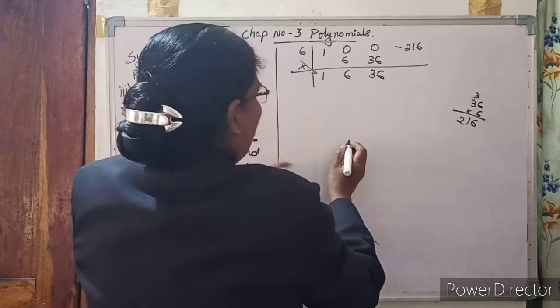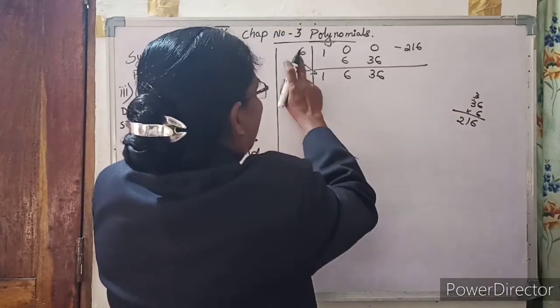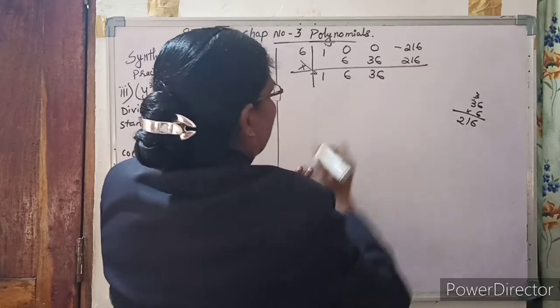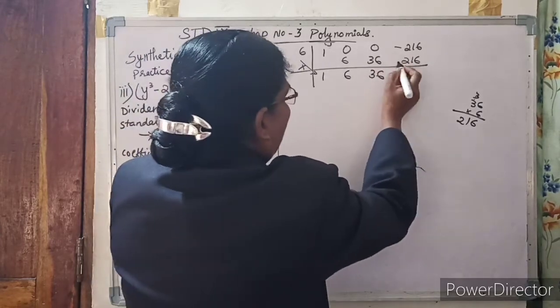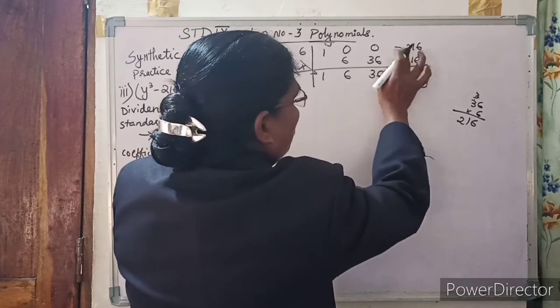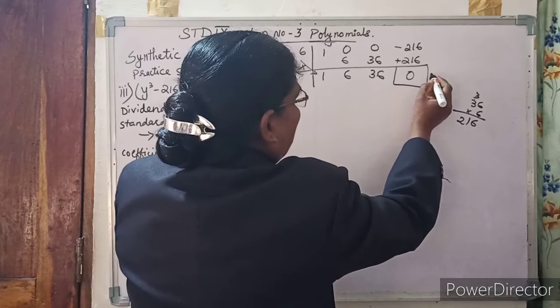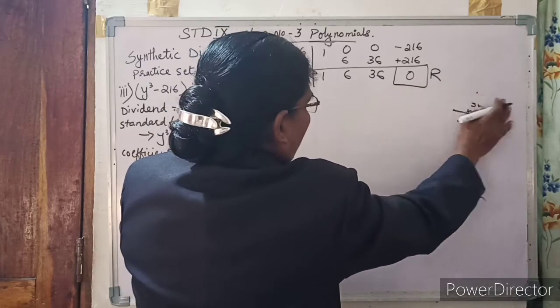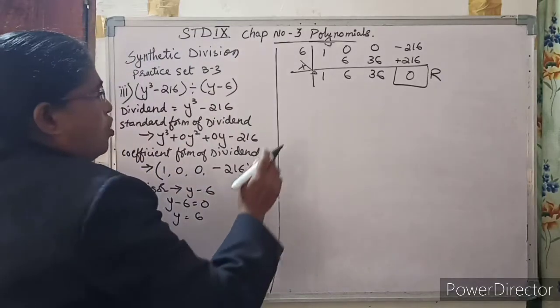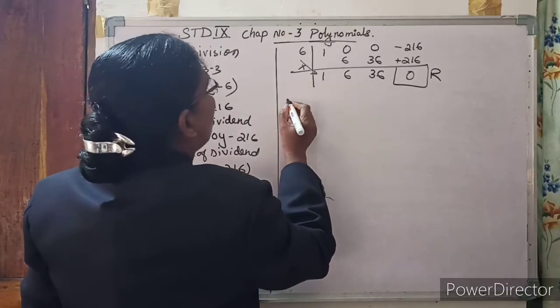I got 216. So 6 into 36 is equal to 216. But it is minus 216, so minus 216 plus 216 gives the remainder as 0.